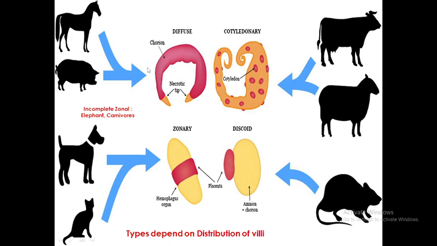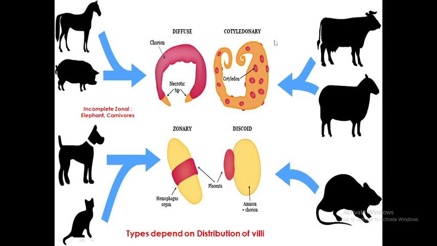Depending upon how the villi are distributed, the placenta may be diffuse, cotyledonary, zonary, or discoidal. If we consider the diffuse type of placenta, you will observe a number of chorionic villi present around the embryo.